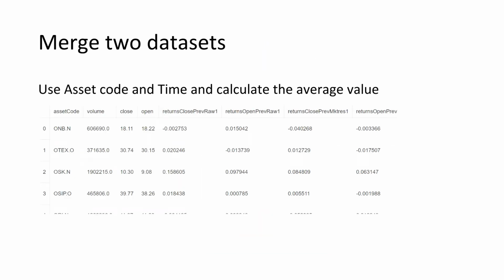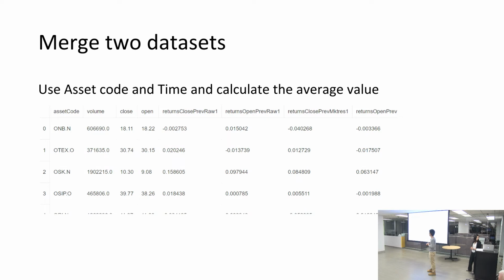Merging the data set. Okay. When merging the data set, we based it on the asset code, as mentioned previously, because one company may have several different asset codes pointing at the same company.